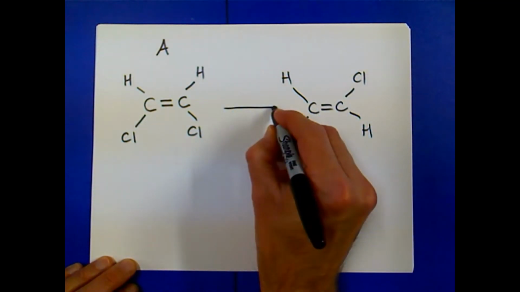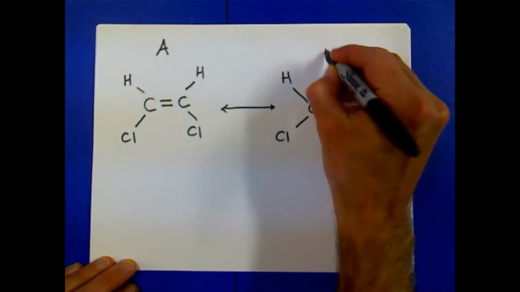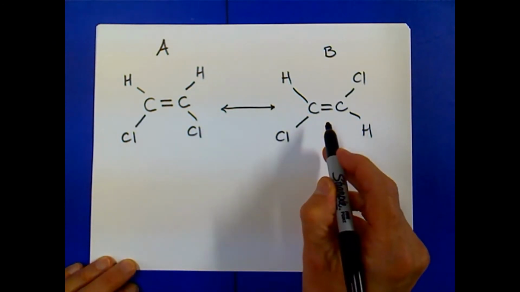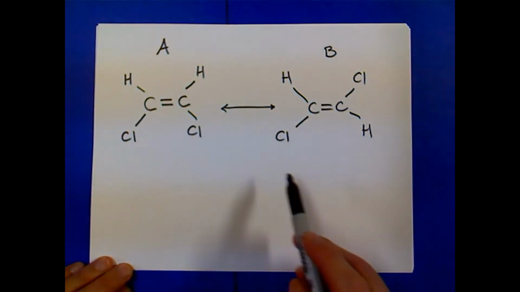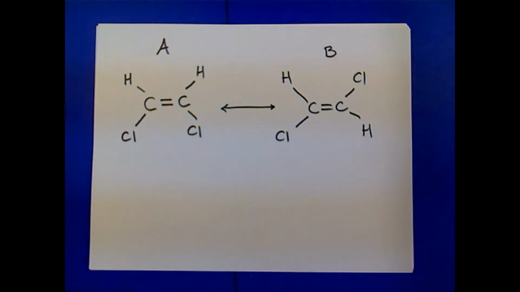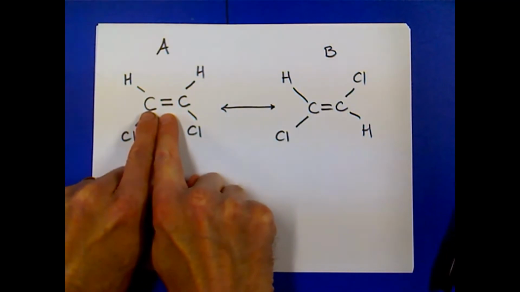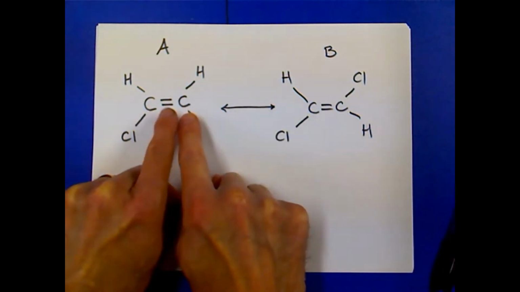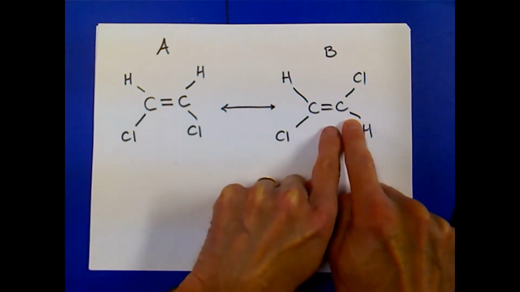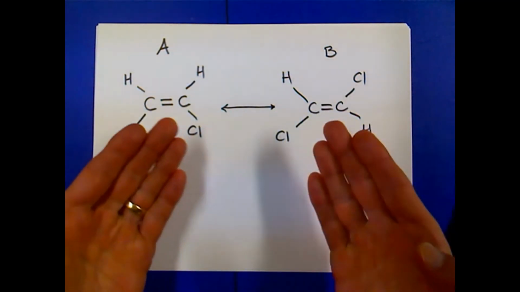And so we can ask ourselves, can I convert structure A to structure B by rotation around the double bond without breaking the bond? And we just saw the answer is no. You can't do that. Because you have to break a bond and remake the bond to go from structure A to structure B, these are actually different molecules.